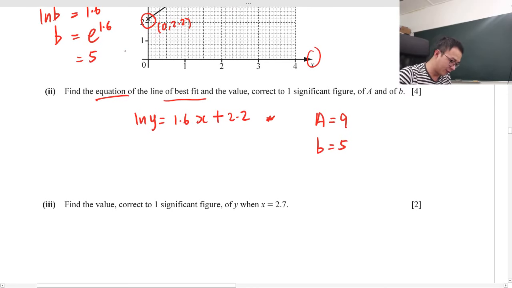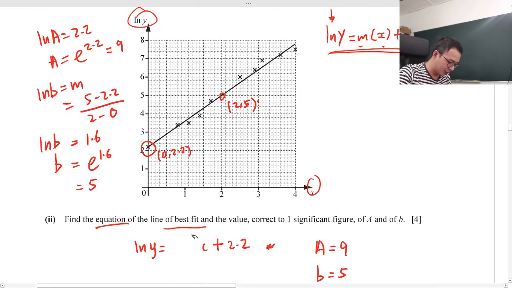So therefore, alright, if like this, I will rewrite my equation. My gradient is 2.2, so basically I will write it as 2x, and then my gradient is 1.6, so it's 2x plus 2. It's kind of weird.